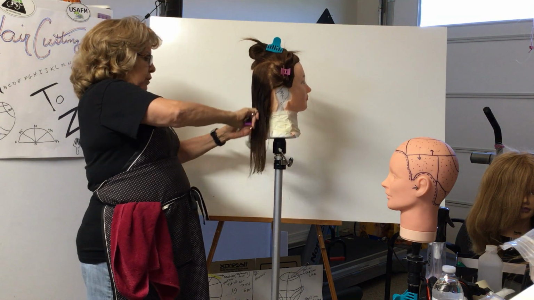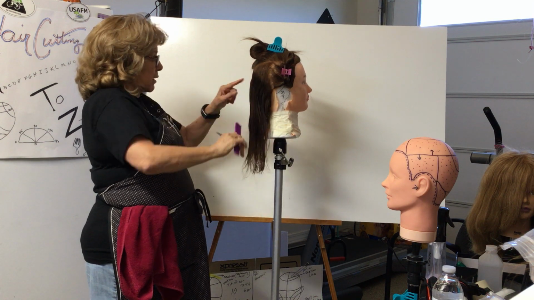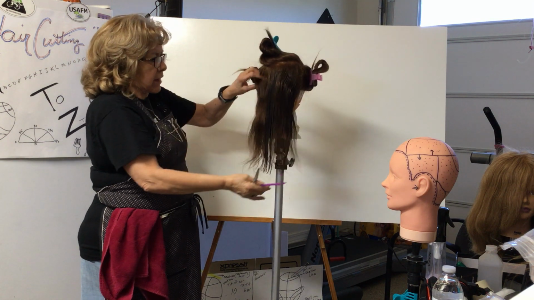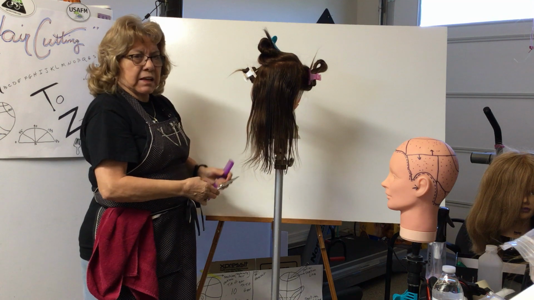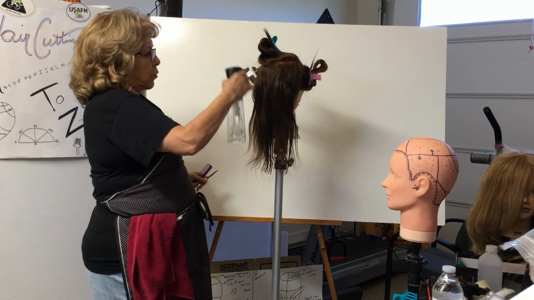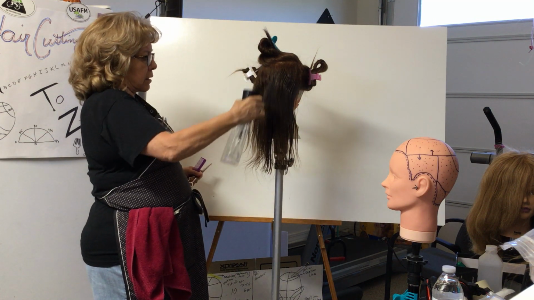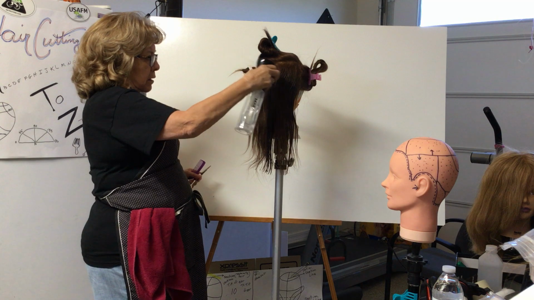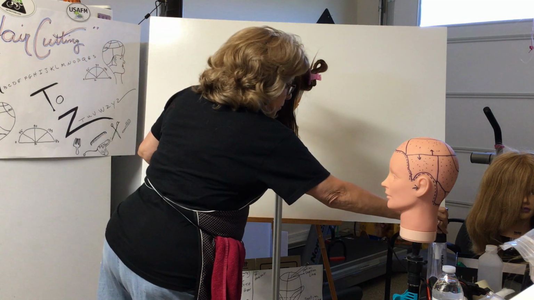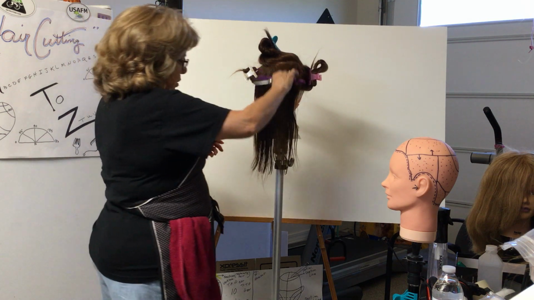All right, so we're going to bring it straight down. And again, I want you to see that. See what's happening there. If I trust that and just leave it, then I have a problem. So I want to make sure that that's going to be equally moist.